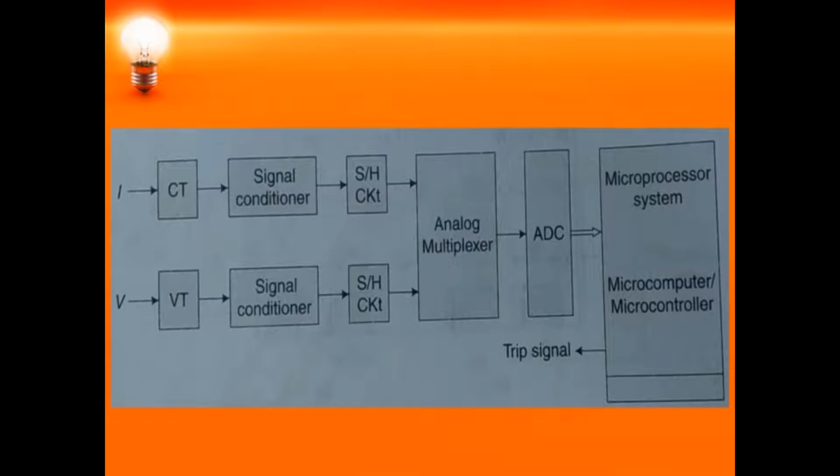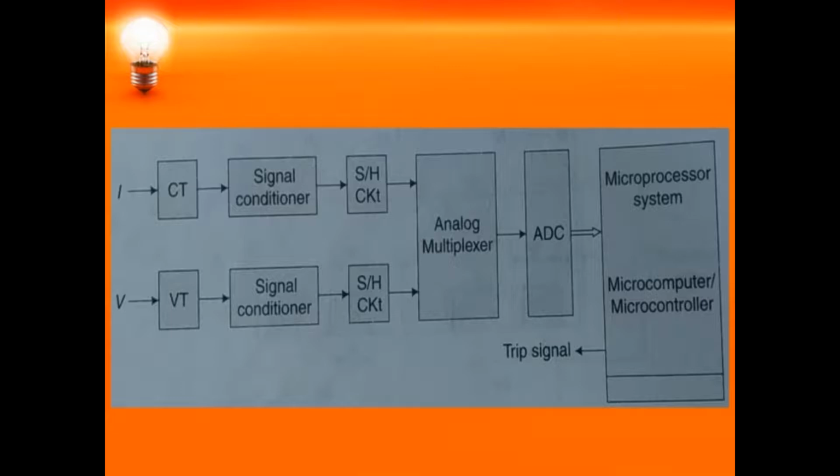In the microprocessor based overcurrent relays, as you can see here, there are two ways in which the relay operates. The first method uses a precision rectifier which converts the AC signal to a DC signal. Since the microprocessor based system cannot process the current signals, a voltage signal proportional to the load current is obtained, and then that AC voltage signal is rectified and converted into digital data.